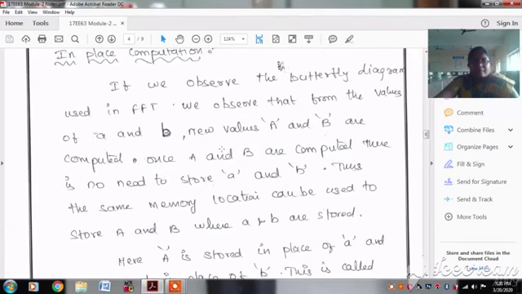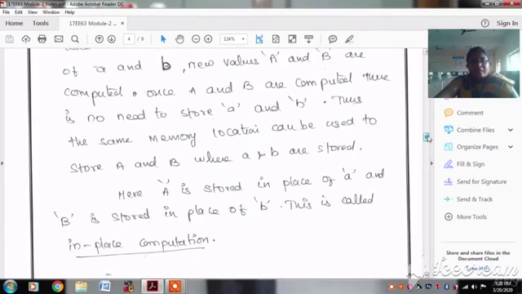Once they are computed, there is no need to store small a and small b. The same memory locations can be used to store the new values A and B in the place of small a and small b.